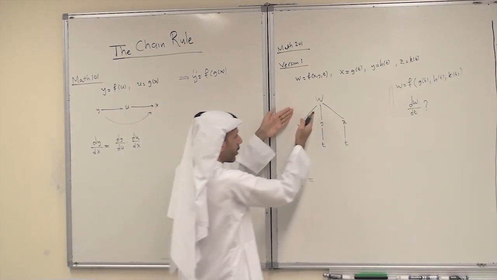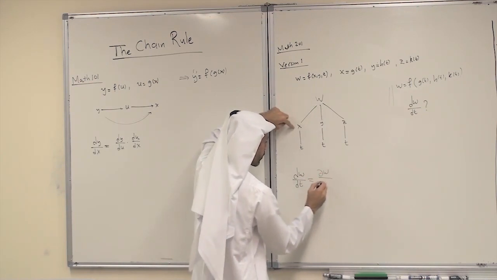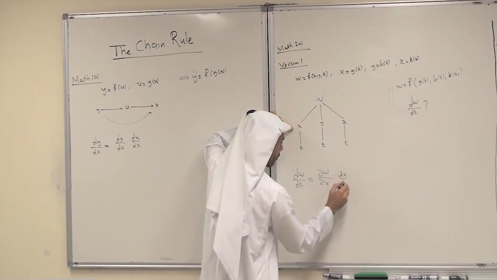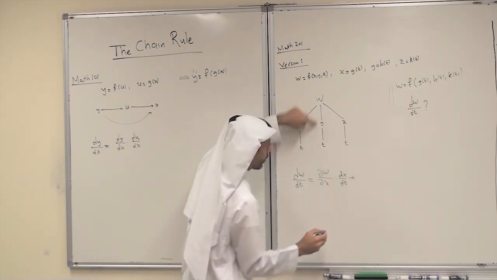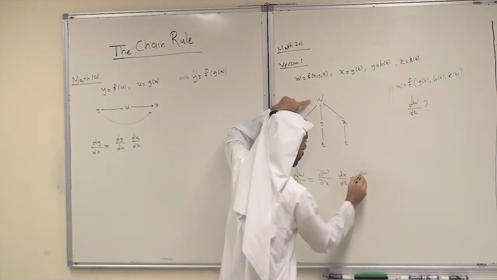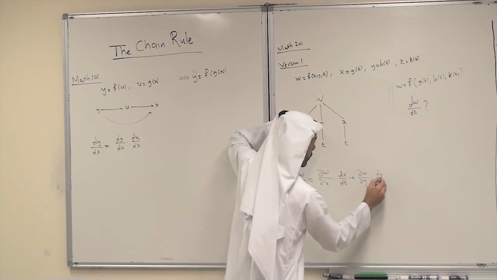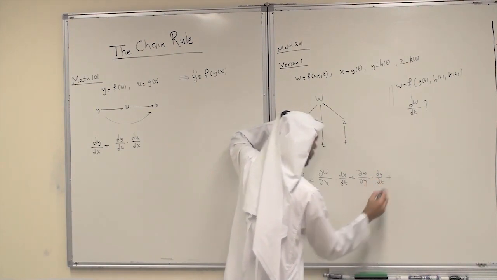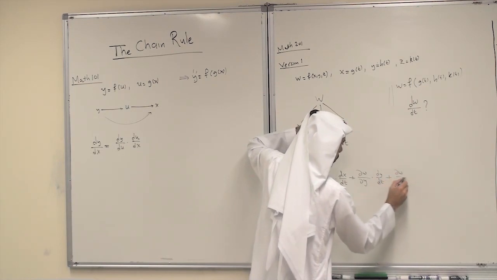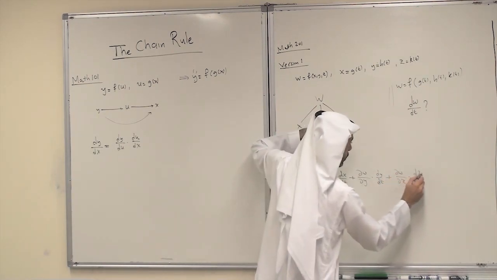So the first path, partial w, partial x, times dx/dt. Plus, through the second path, apply the chain rule in Math 101, it is partial w, partial y, times dy/dt. Plus, through the last path, partial w, partial z, times dz/dt.